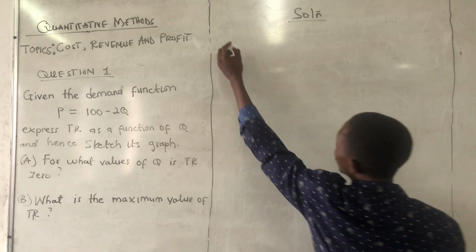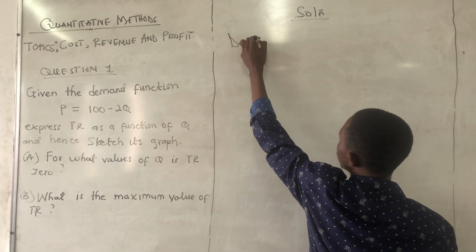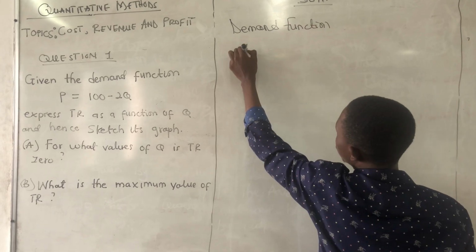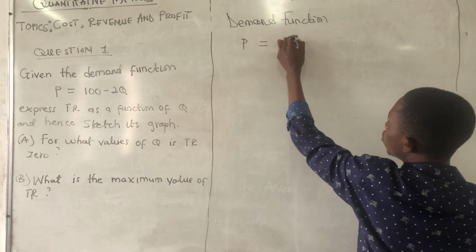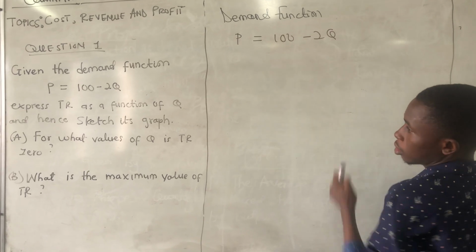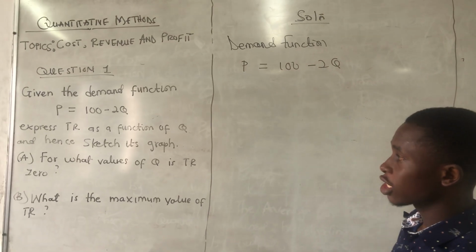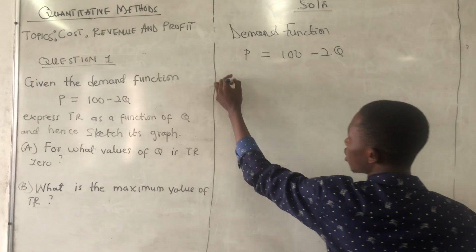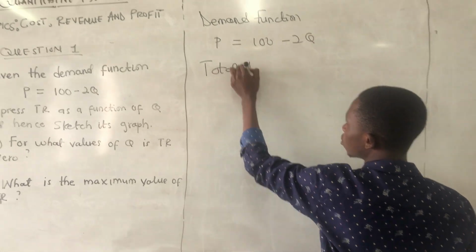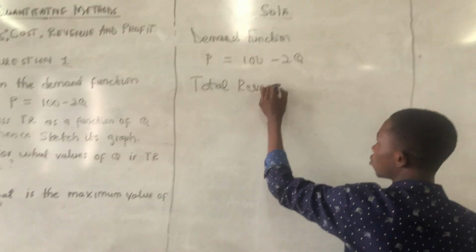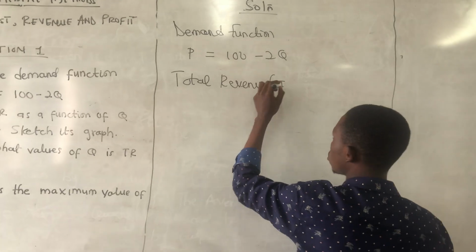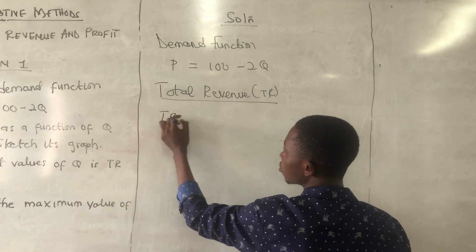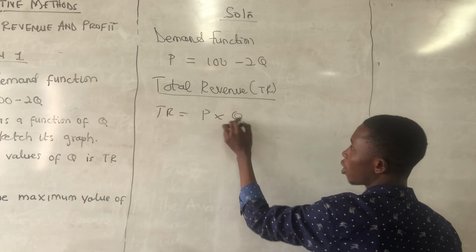So we have the demand function P is equal to 100 minus 2Q. Let's express total revenue as a function of Q and hence get its graph. What's the formula for total revenue? Total revenue is price times quantity.